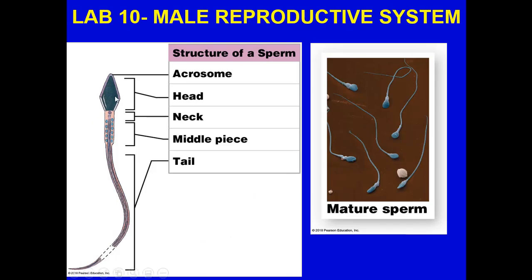And you can see this all clearly laid out here. The neck is here. Sometimes they call the neck and the middle piece the same. But here you have this very long tail. It's a flagellum. Now, notice the heads here. They're all basically either kind of rounded or somewhat almost arrow tip shaped. There is a way to determine if you have defective sperm.